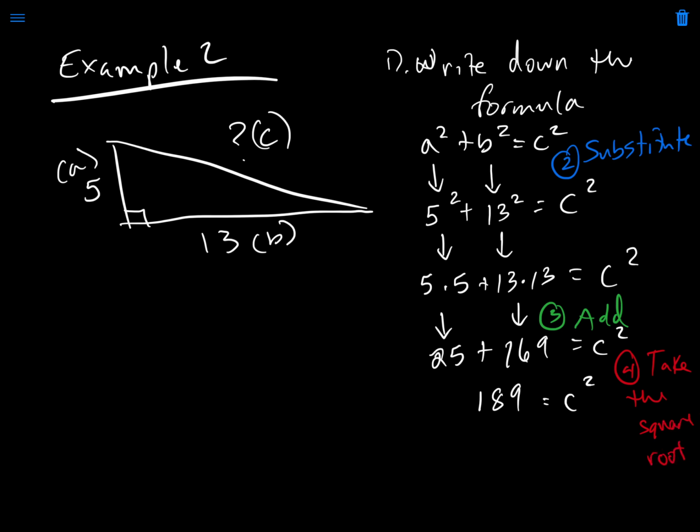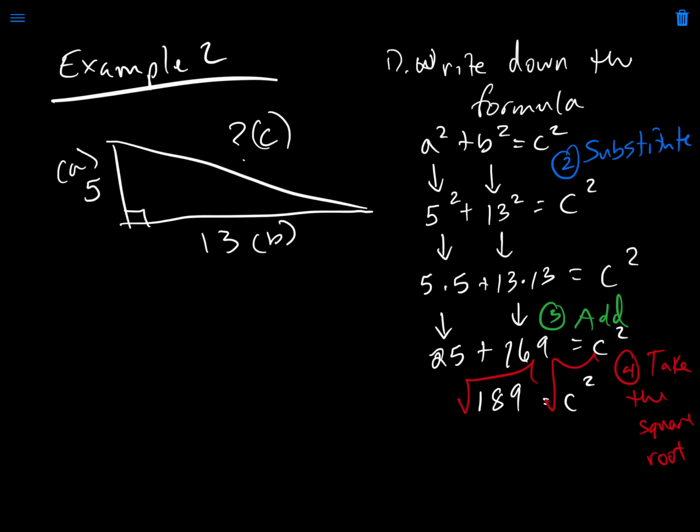So if I do that, I take the square root of both sides. So the square root of 189, let's see here, square root of 189 is indeed approximately, wait, let me make sure that's actually even right.